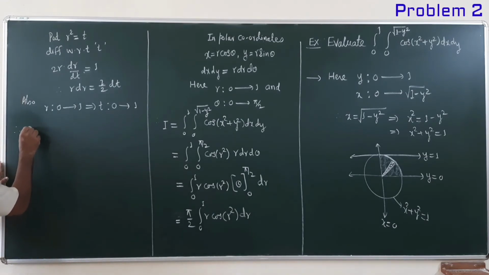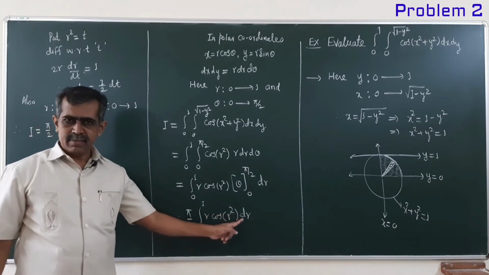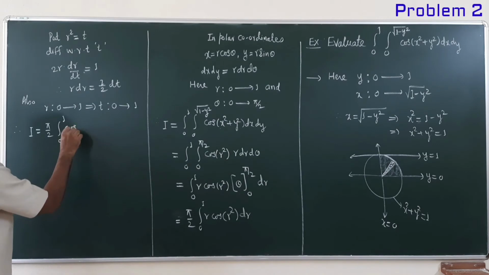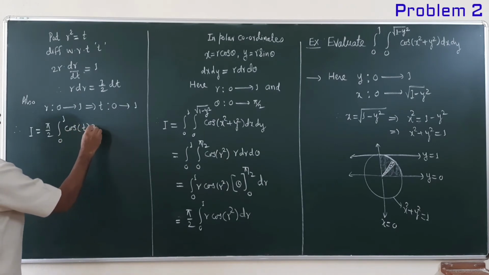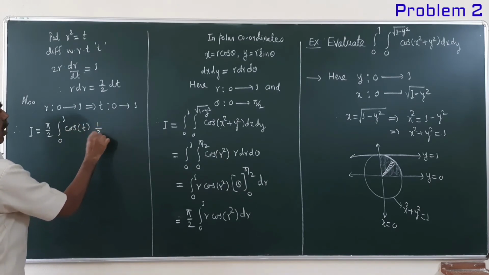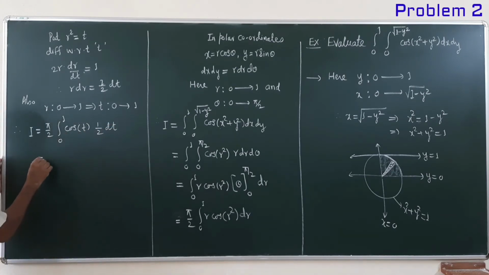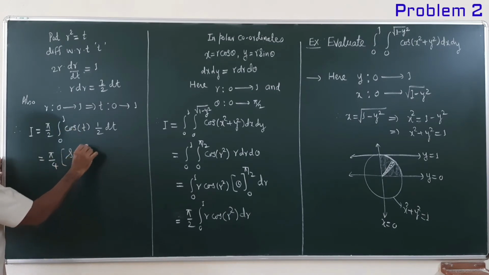Therefore, I is equal to pi by 2 integral 0 to 1. Now r dr is half dt and cos of r square is cos of t. Take this half outside, so this equals pi by 4. The integral of cos t is simply sin t, from 0 to 1.